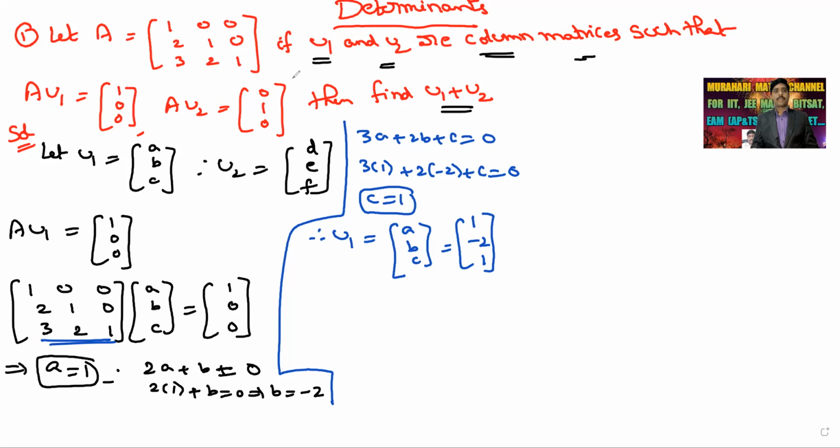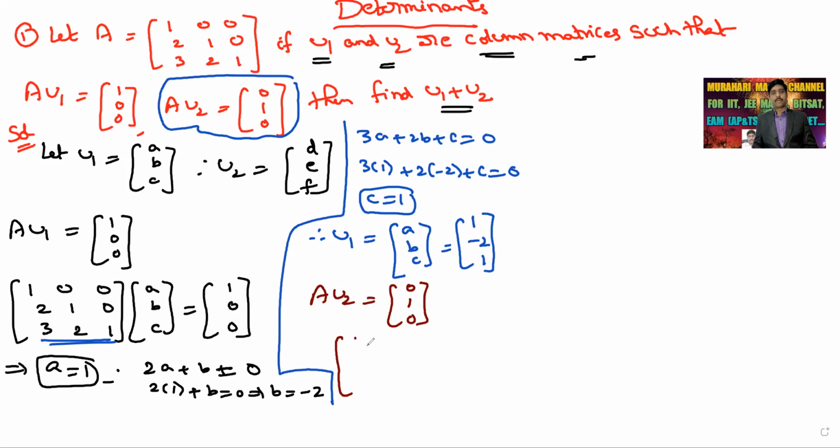Okay, what is the second equation given? This is the second equation. A U2 is equal to [0 1 0]. So what is A? 3 by 3 matrix is given [1 0 0; 2 1 0; 3 2 1] into U2, DEF column matrix.